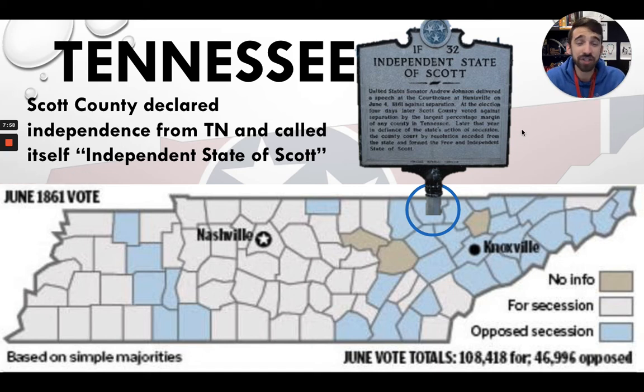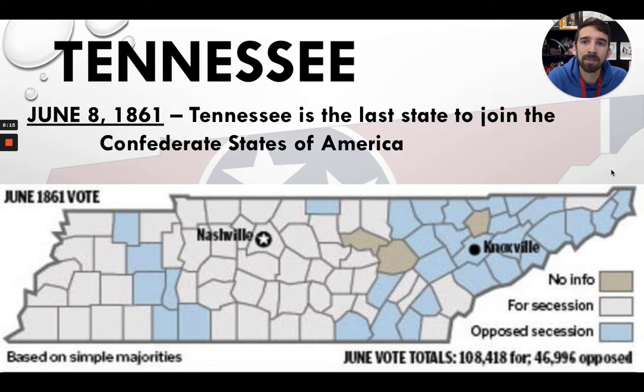So they secede from the state, and they become their own little independent area until after the American Civil War is over. So you see there's a lot of people in eastern Tennessee who are not huge fans of the South and do not support it. So June 1861, Tennessee is officially the last state to join the Confederate States of America.